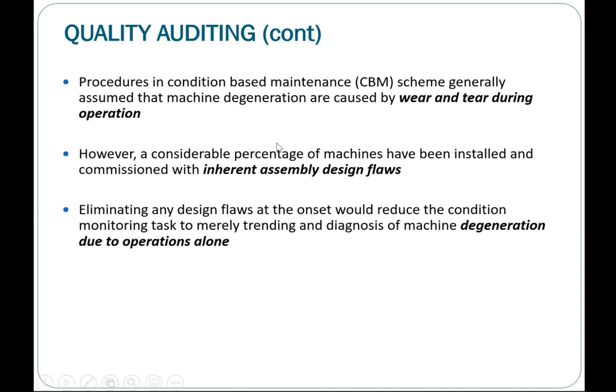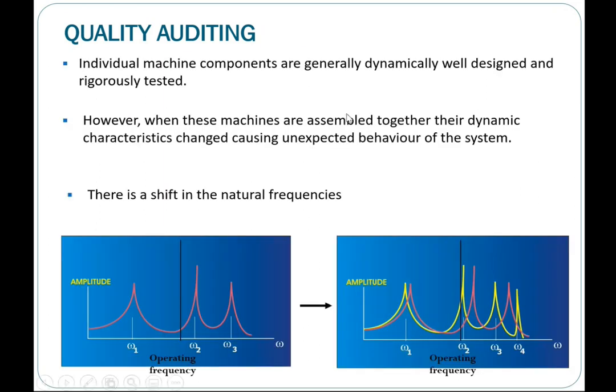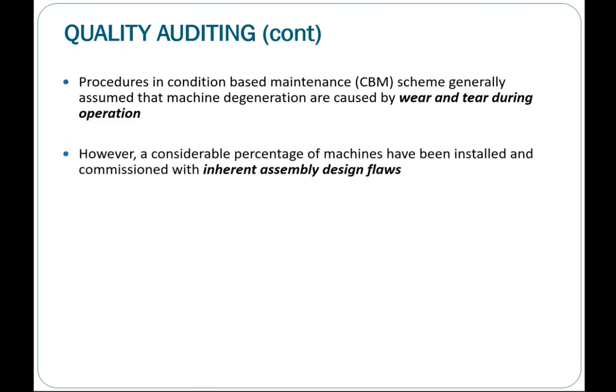Right? But if your machine in the first place already comes with what we call dynamic design faults, already having so-called low resistance issues, then probably it will cause you to misjudge or misanalyze what the machine is actually giving you.